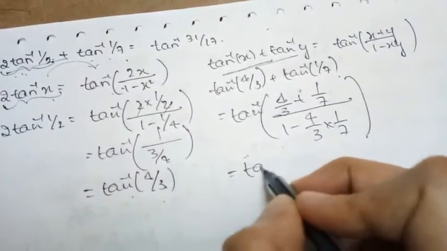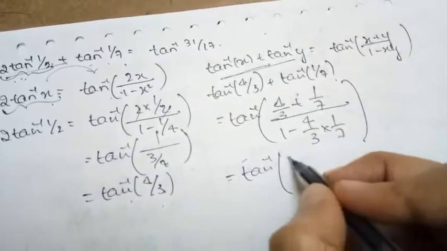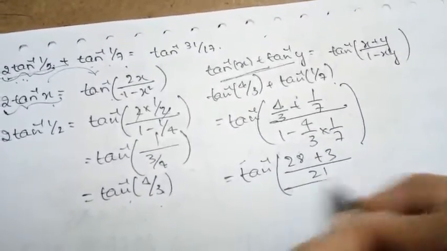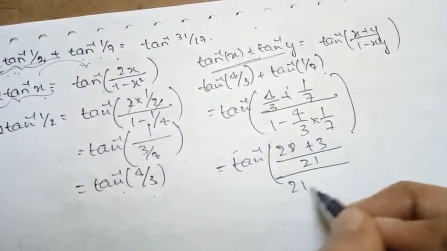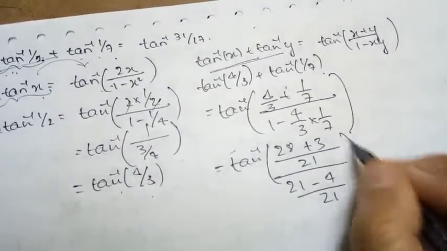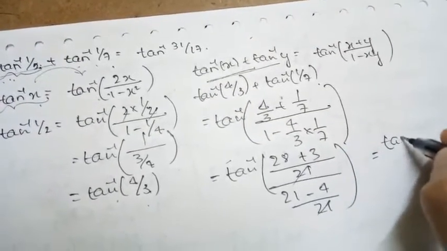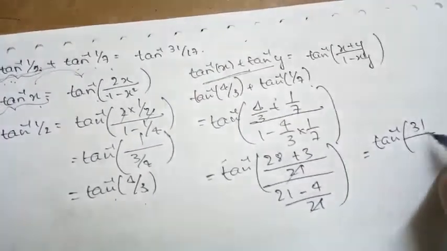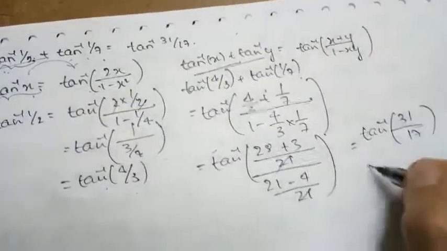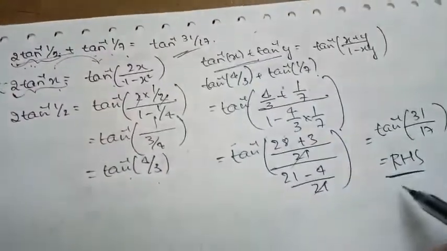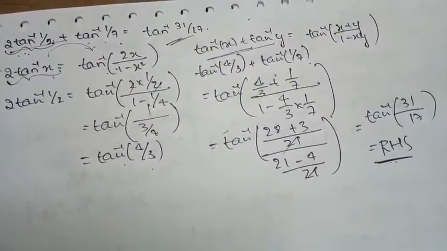So that is nothing but tan inverse of (28 + 3) over 21, divided by (21 - 4) over 21. The 21 gets cancelled, 28 plus 3 is 31, divided by 17, which is nothing but our RHS. We have proved the given question.